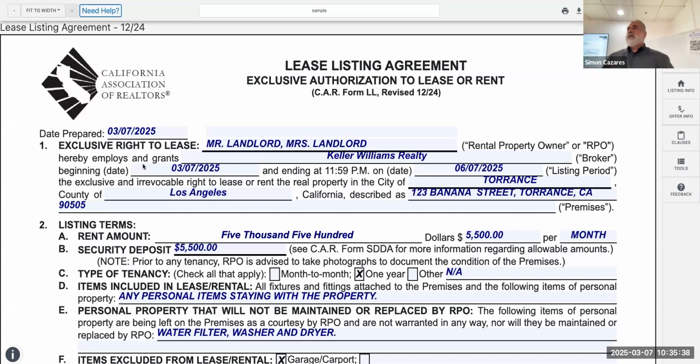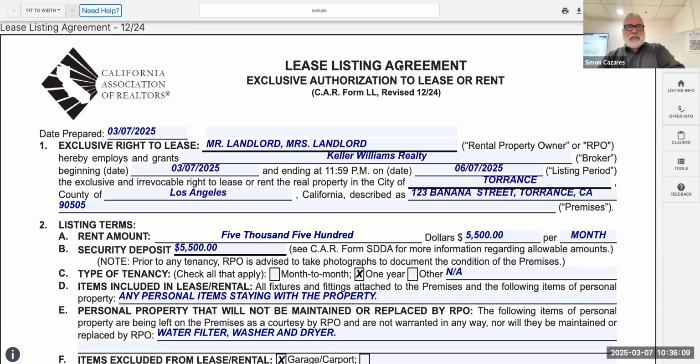So you're going to put either the name of the person, or if they have a corporation or a trust or an LLC, however they want to structure this, then you're going to put that as part of the process. Now, if they are putting it through a corporation or a trust, we're going to need to do a representative capacity form, and you also want to make sure that they're the ones that have the rights to execute this particular lease. Does that make sense?